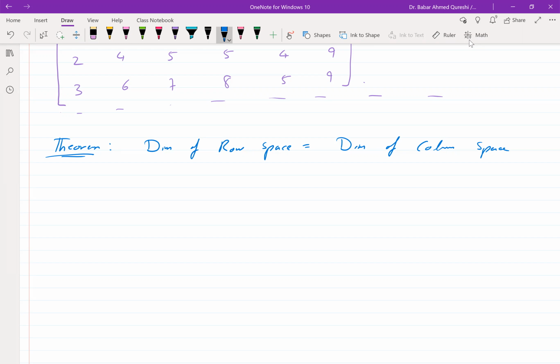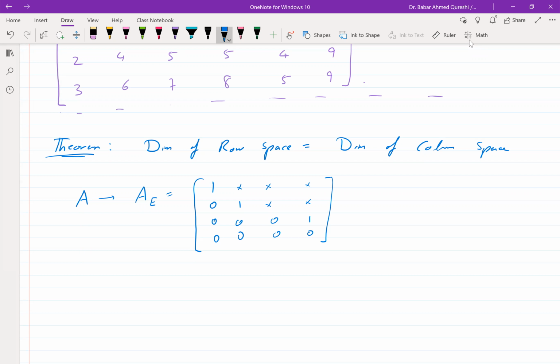So if I'm given a matrix A and I go to its echelon form, something like this. I'm just considering the echelon form for now. If you want, you can go to reduced echelon, but echelon is fine for this logic.